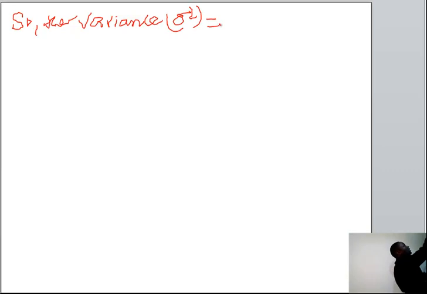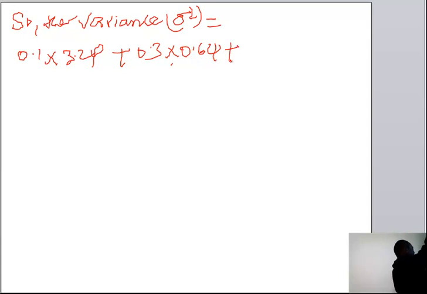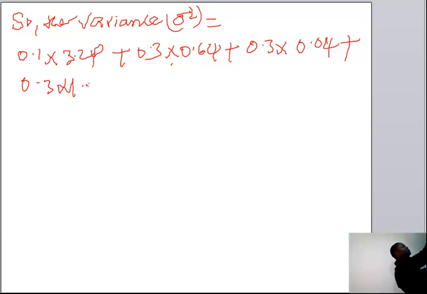So the variance, which is the square of the standard deviation, will now be equal to the probability value, which is 0.1, multiplied by the square of the first scenario, which is 3.24, plus 0.3 for the second scenario multiplied by 0.64, plus the third scenario, which is 0.3 multiplied by 0.04, plus the fourth scenario, which is 0.3 times 1.44.